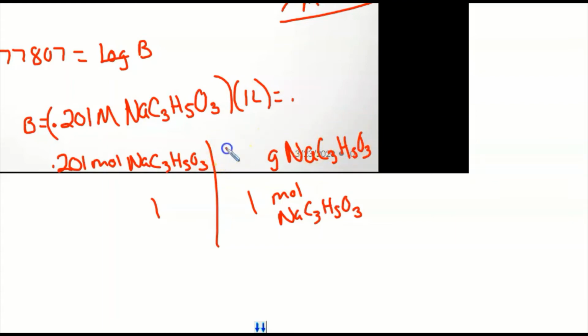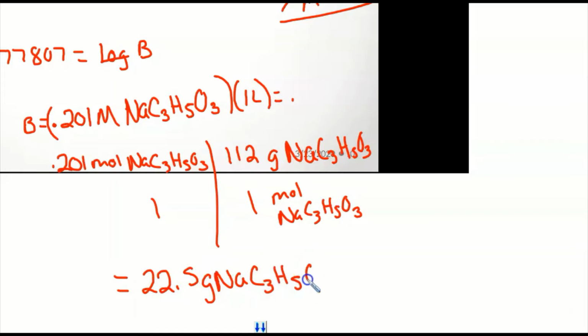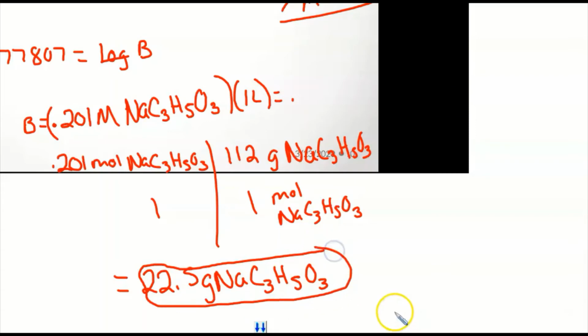I got a molar mass of 112. Again, do this math for yourself. See if you can get this answer. Okay, so I've got 22.5 grams of sodium lactate. There we go. So, that one was pretty tough. We could do it. Okay? Well, let's move on.